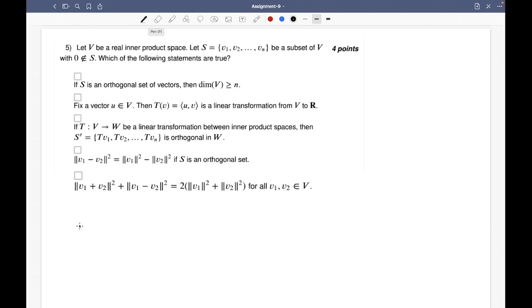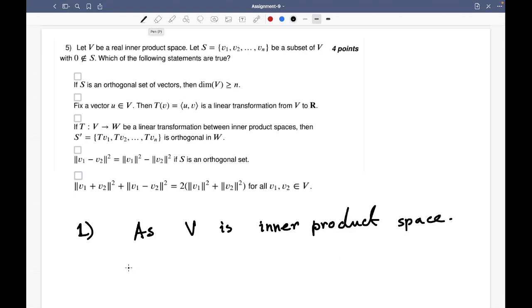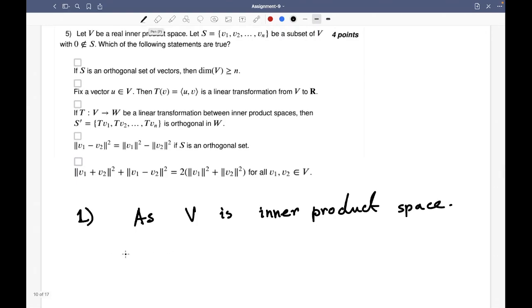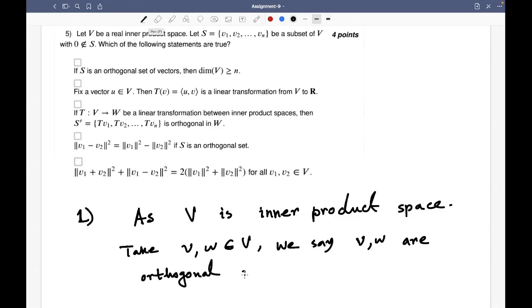As V is an inner product space, orthogonality is well defined. So how is orthogonality defined? Take two vectors V and W in V. We say V, W are orthogonal if the inner product of V and W is 0.